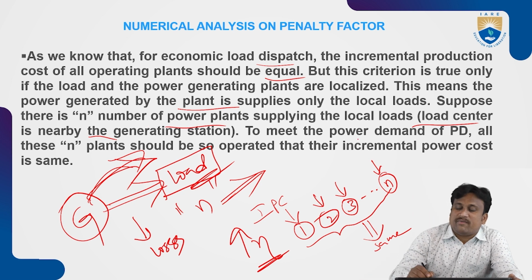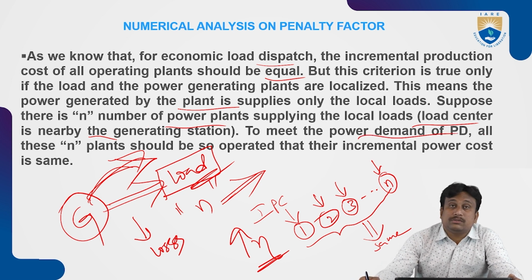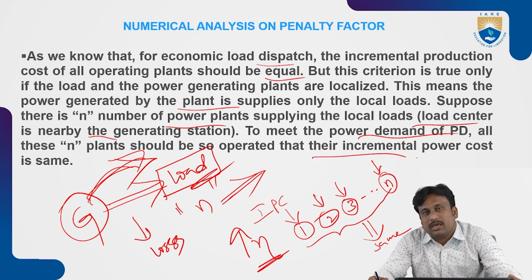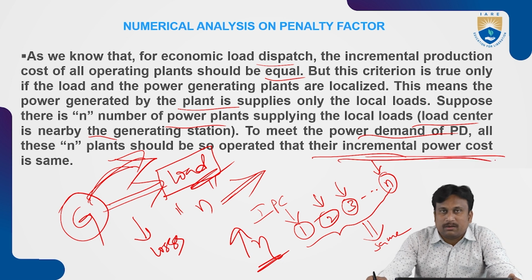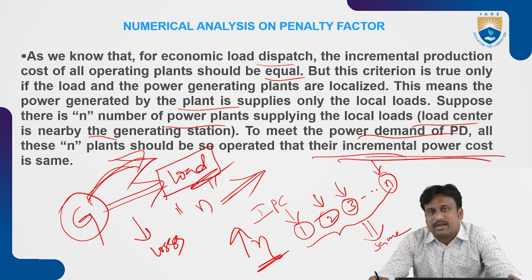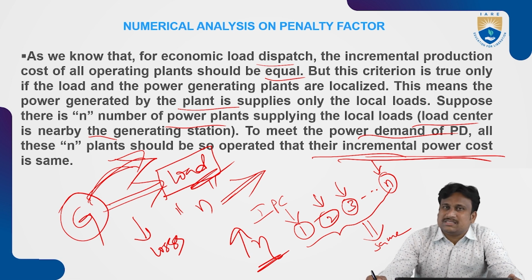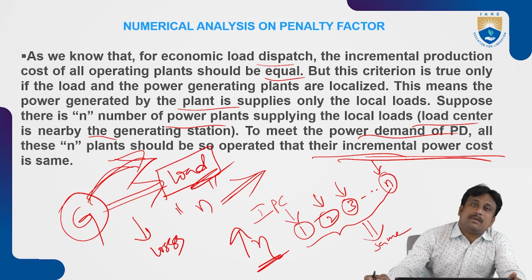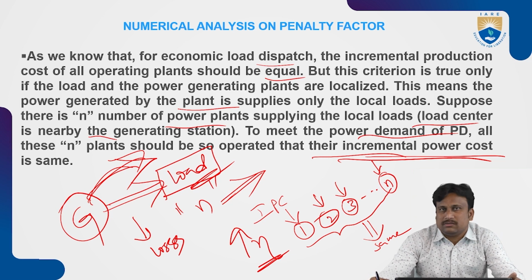To meet the power demand, all these n plants should be operated so that their incremental power cost is the same. This is the condition we should maintain. All the incremental power costs must be the same. Then only can we operate all the plants to meet the load required. But in practice it is not possible. Why? Because the load demand will not be the same for all conditions.